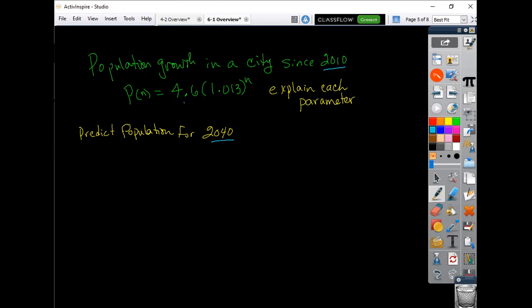So starting value, or starting population. If you take this and you subtract the 1, the 0.013, which remember that's 0.01 is 1%. So this would be the equivalent of 1.3% growth.